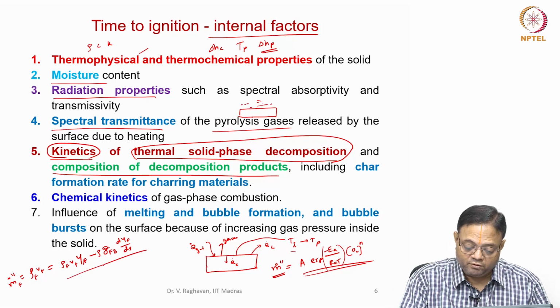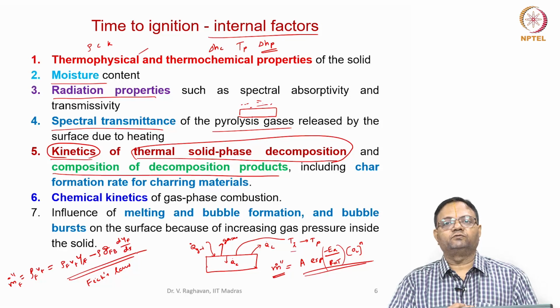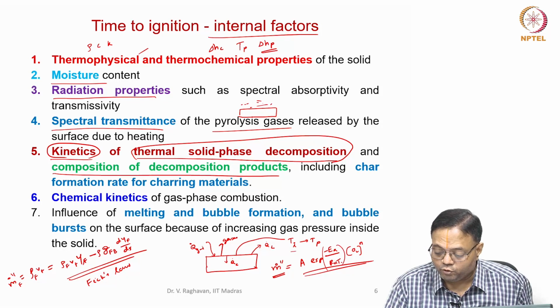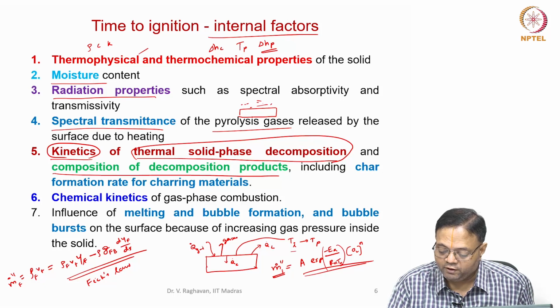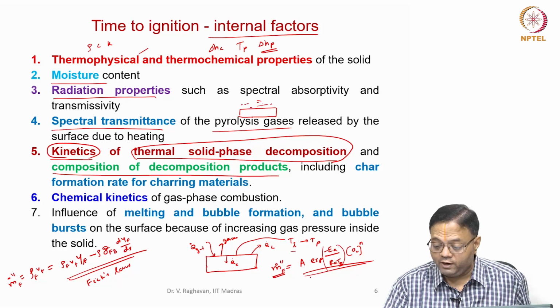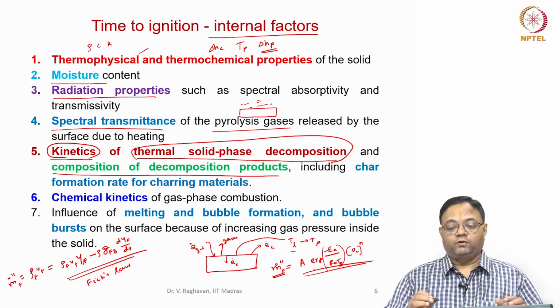So that is Fick's law, a very simple mass transfer thing. But here we have to substitute the surface temperature, the temperature at the surface. So here it is a kinetic expression which we basically use. That is one of the differences.